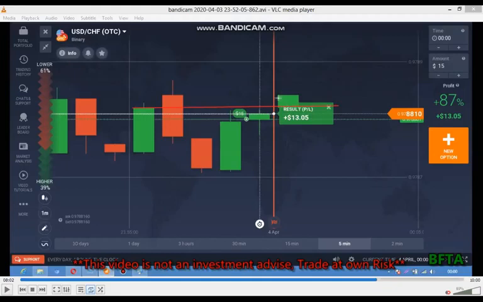You can see there's a very small gap, assuming that the opening price was here. The next candle will be bearish, but the opening price is below. That is a very small gap. So there's no doubt about it. Just place a call option on the next candle. So this is how you can place your trade on a ranging market or consolidation area.